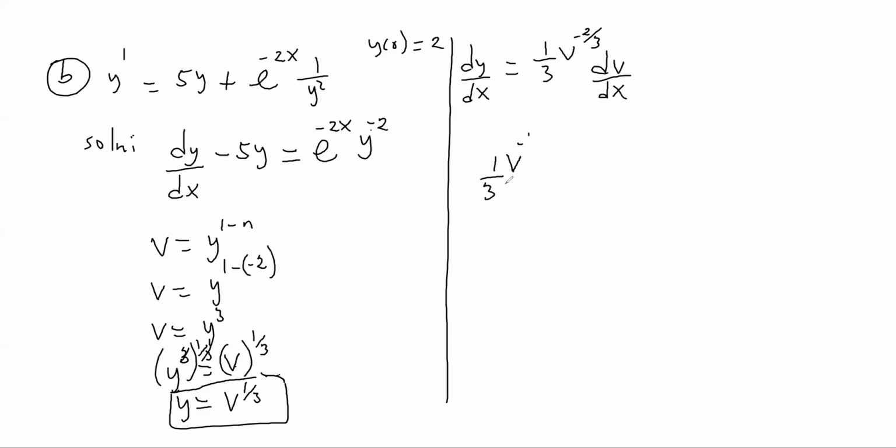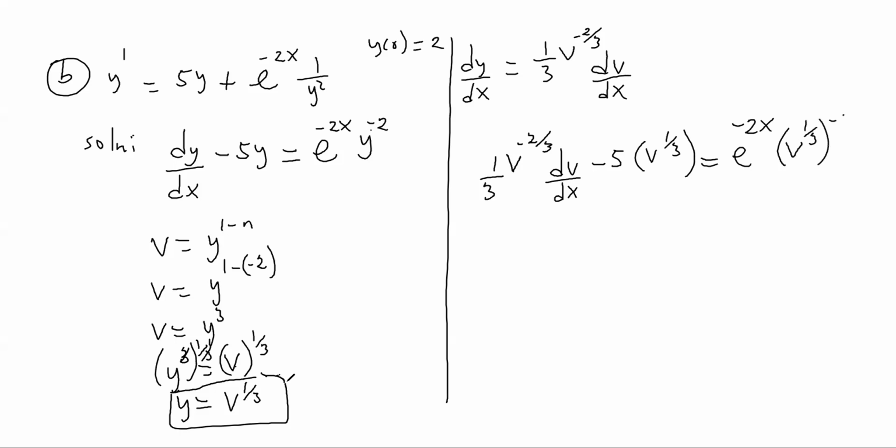So you have minus 2/3 dv by dx, and then minus 5 times y. What is y? y is v raised to 1/3. And then will be equal to e raised to the minus 2x times what is y? y is v raised to the 1/3 times minus 2.